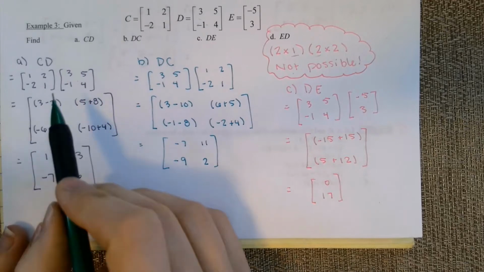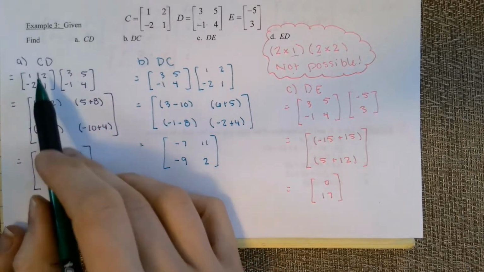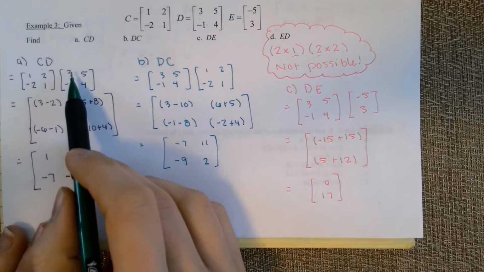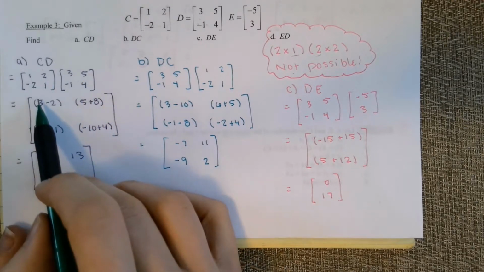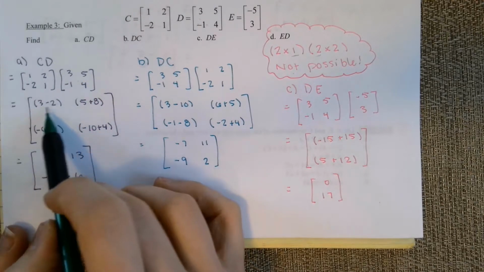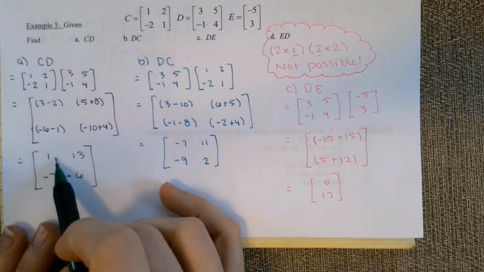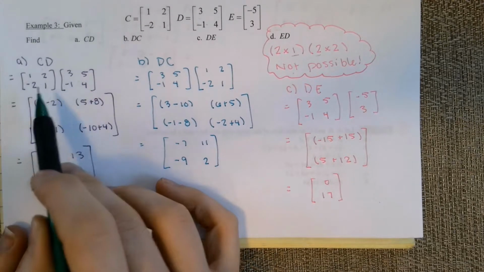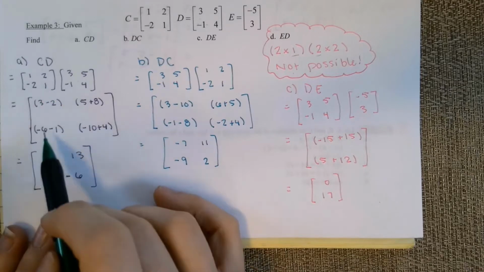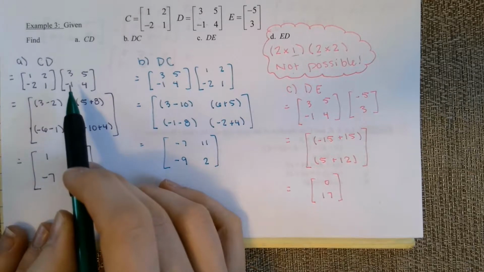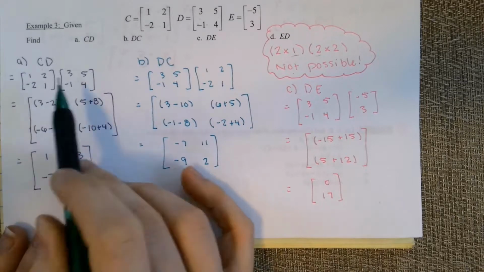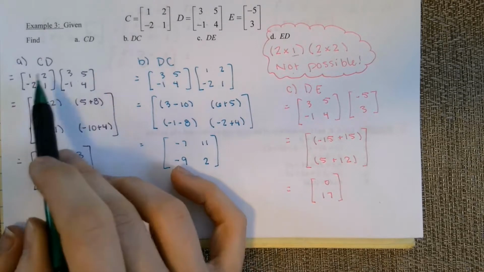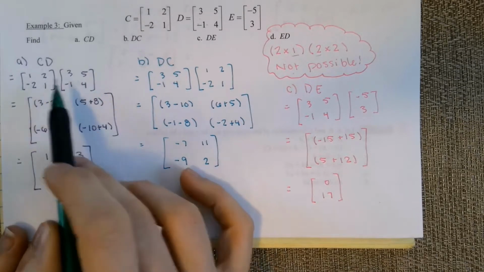So in order to find the first component of CD, I multiply the first column times the first row. So 3 times 1 minus 2, that will give me 1. And then move down, and I did 3 times negative 2, which is negative 6, minus 1. So I get negative 7. Then I moved over to the second column. 5 times 1 is 5. 4 times 2 is 8.